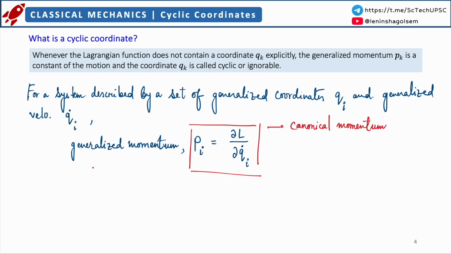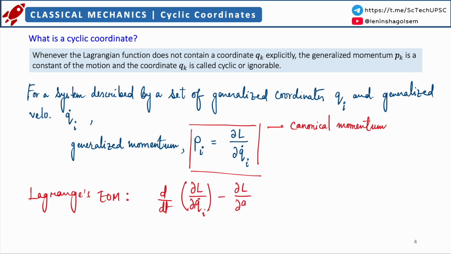Now if we put this in Lagrange's equation of motion, that is d by dt of del L by del qi dot minus del L by del qi equal to 0, we use the expression of pi here instead of del L by del qi dot.